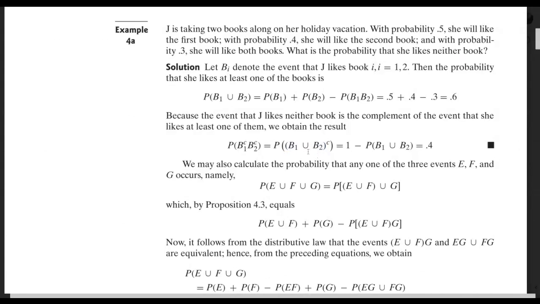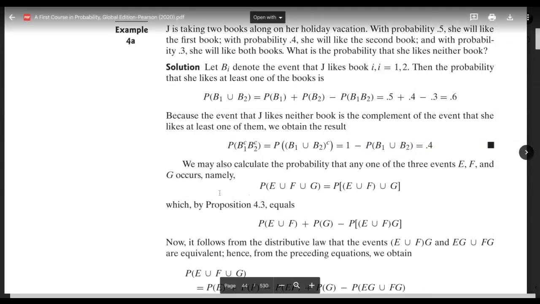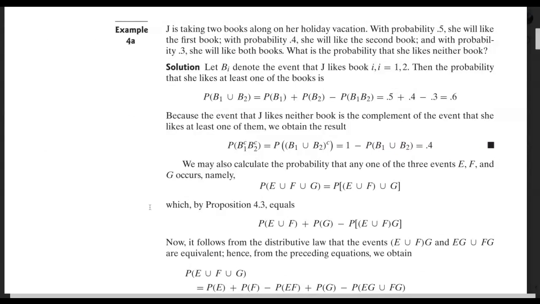Right? What's the probability of the complement of an event? It is 1 minus the probability of that. So it's just 1 minus 0.6, and we get 0.4. Anyone has any questions?